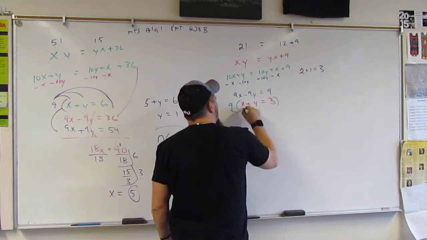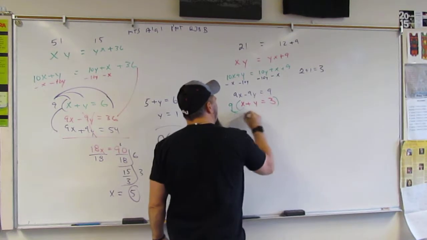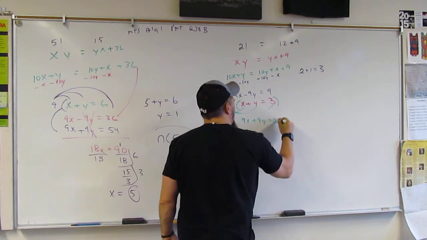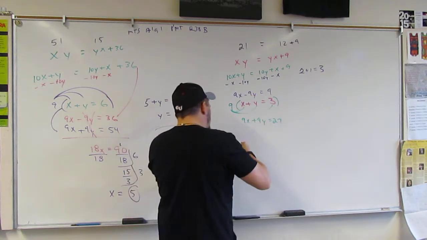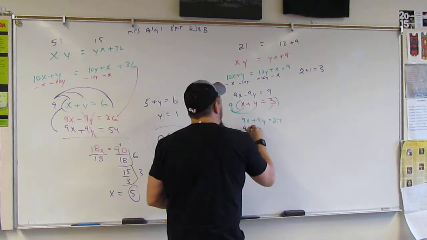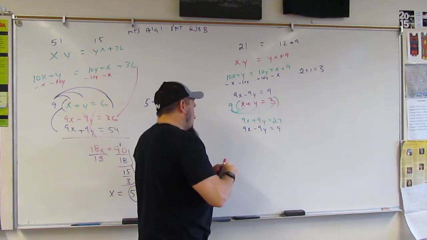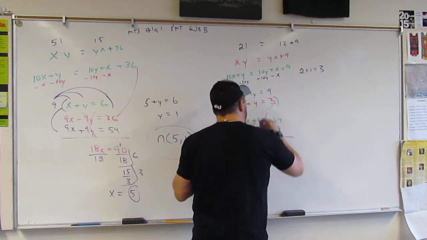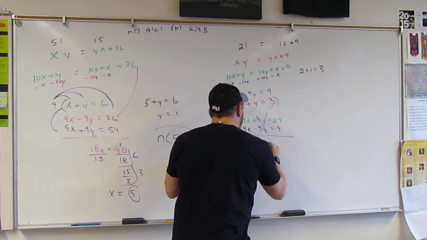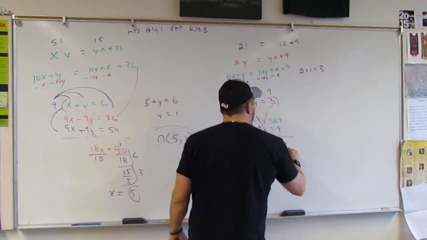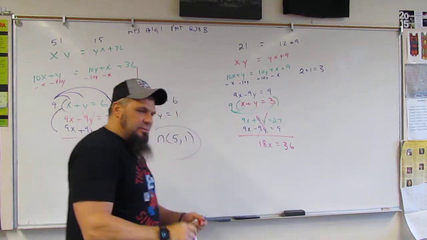So 9x plus 9y equals 27. And then I'm going to rewrite this one, so I'll keep it the same color. 9x minus 9y equals 9. And then that's where you cross it out. So we add these up, these cancel. So we get 18x equals 36.